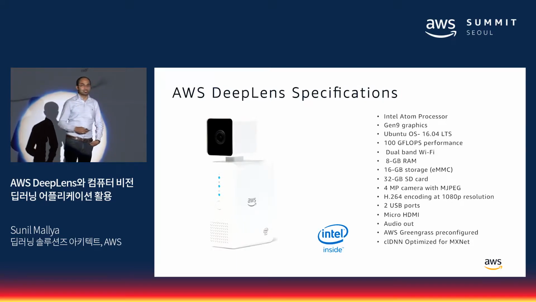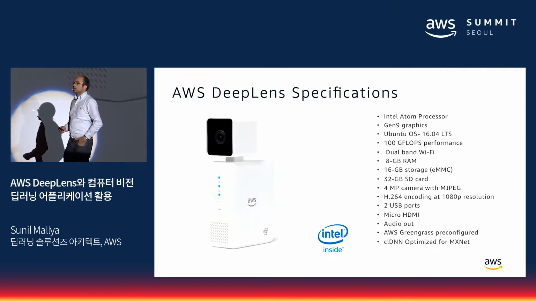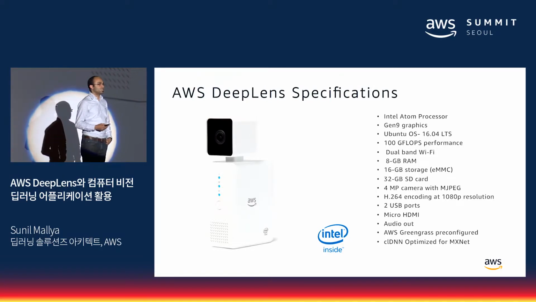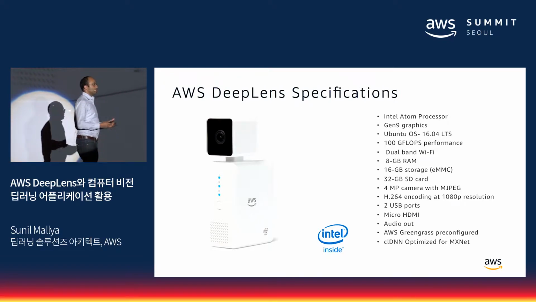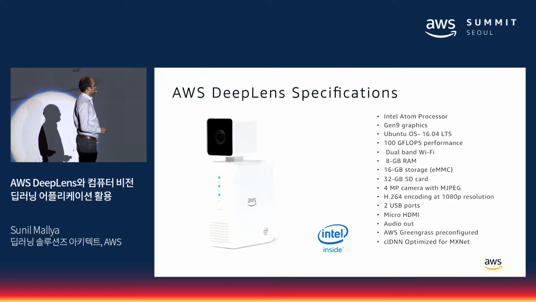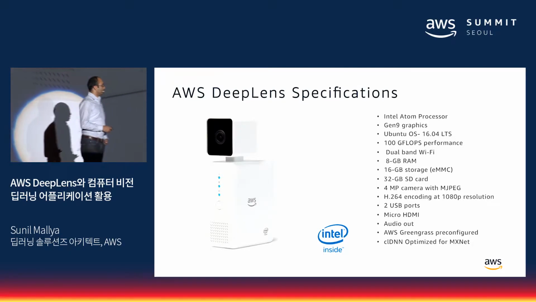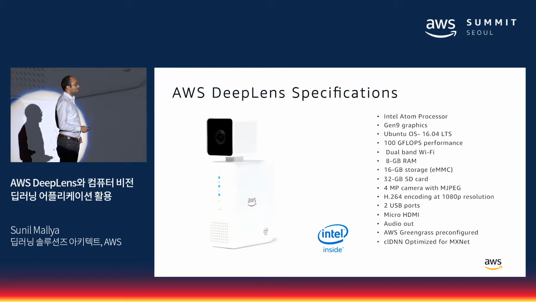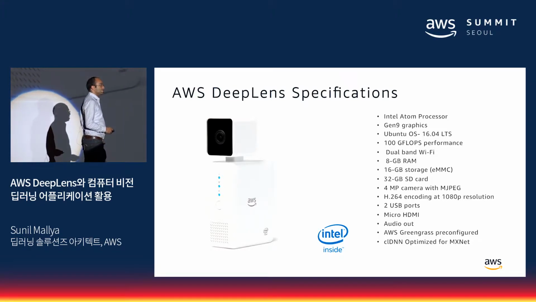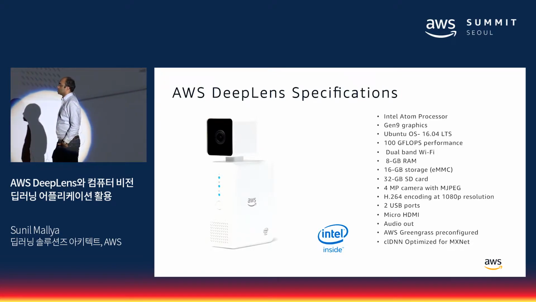It comes with onboard storage, but you can actually put in an SD card, so you get more drive space. It's got audio out, it's got micro HDMI. The camera details: a 4 megapixel camera, so it's a fisheye camera, but with capability for 1080p resolution, which supports H.264 encoding.